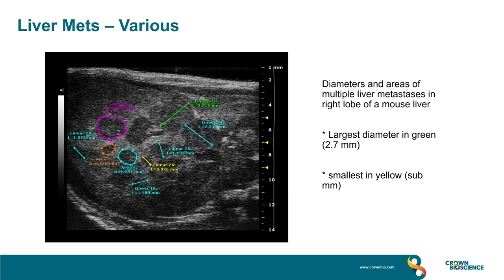In the IO field, that will introduce another layer of complexity, and the bioluminescence or fluorescence protein may have an impact on the immune system. While in this system using ultrasound, the liver met was detected in the red lobe of the mouse, and we can detect met at about 2.7 millimeters and sub-millimeters as well. That doesn't require any sort of label, and it makes life a lot easier.